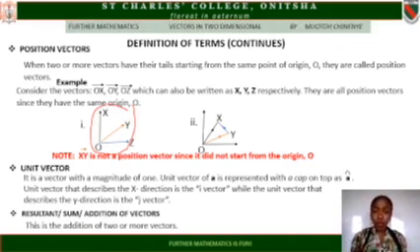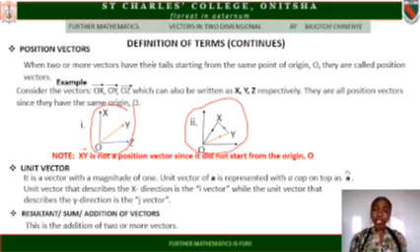Then in example 2, you have vector OX, vector OY, and vector XY. Vector XY moves from X to Y. It is not a position vector because it did not start from O. But vector OX and vector OY are position vectors since they both started from the point of origin, O.